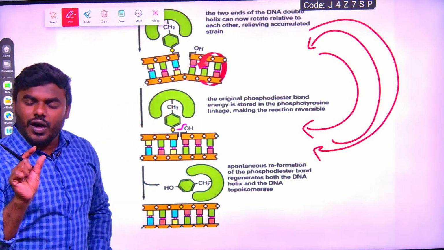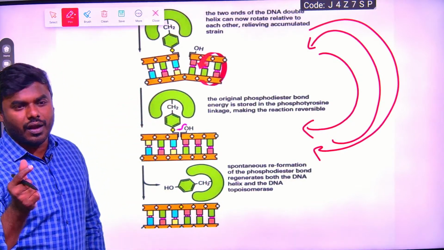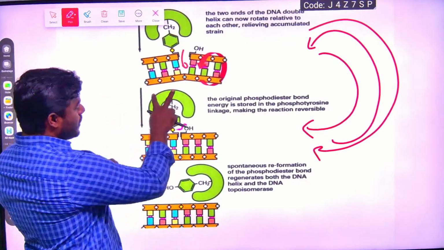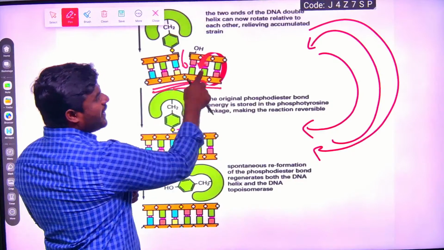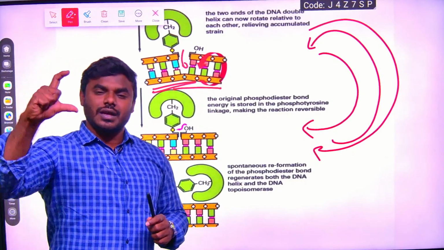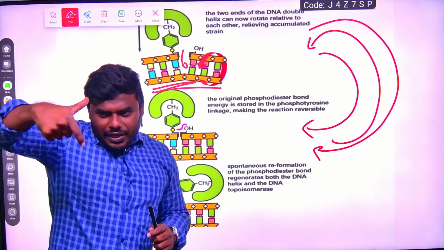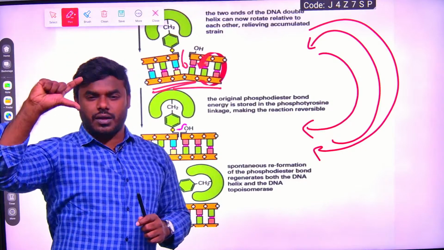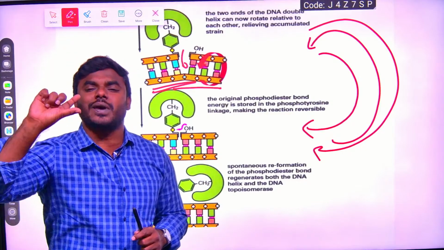Now in order to remove that coil, first we will create the cut, then the two ends of the double stranded DNA rotate. In very simple words, this is the original direction, it twisted like this because of the coiling, because of the stress. Now I am bringing it back to the normal position just by rotating it.